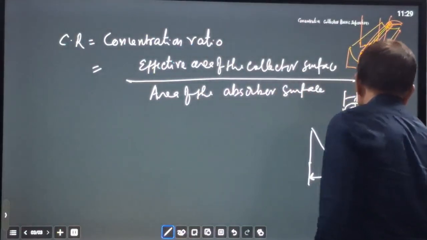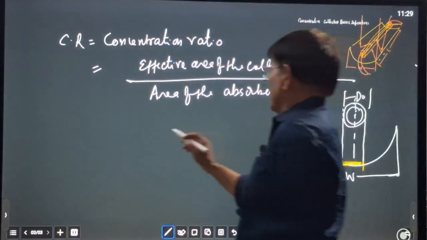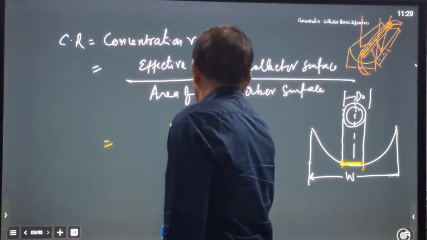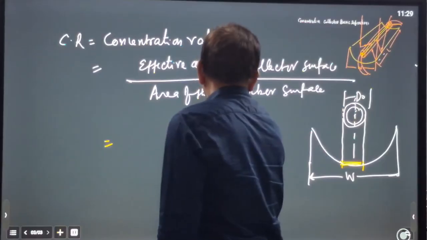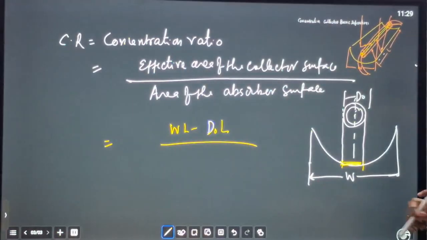This area we have to reduce from the active area. So this area will become W into L minus D naught into L. D naught L is the shadow area.